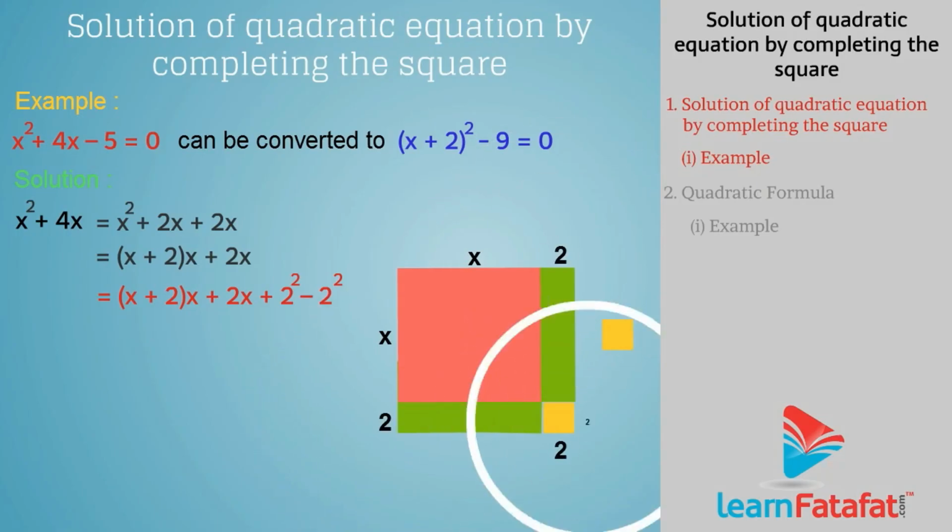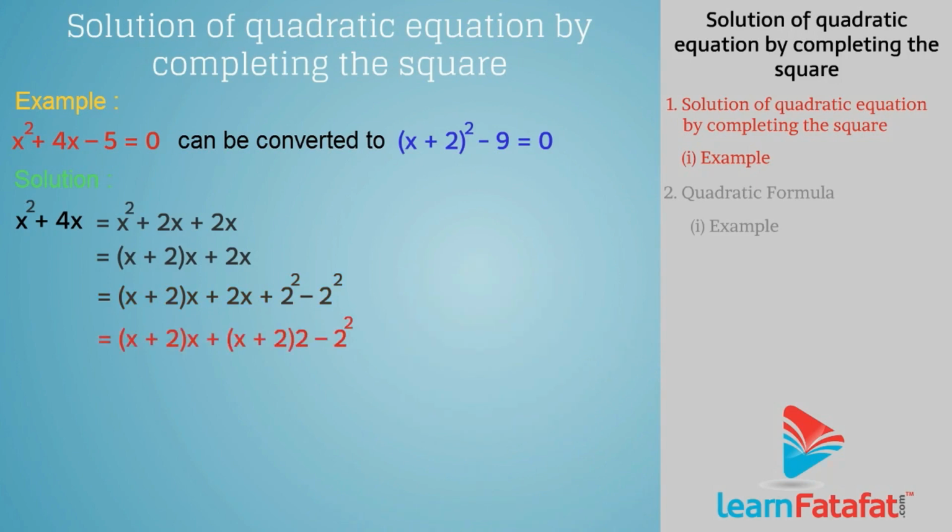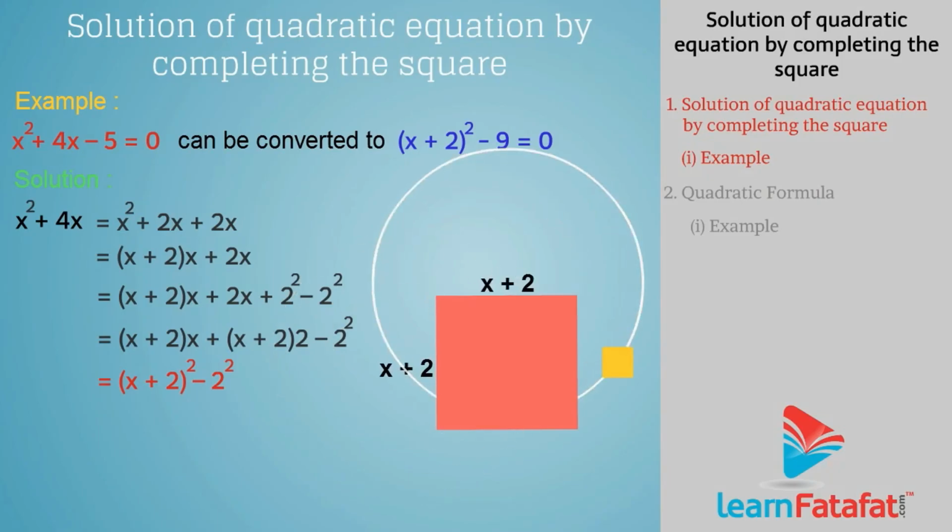can be represented as x plus 2 into x plus x plus 2 into 2 minus 2 square, which can be written as x plus 2 bracket square minus 2 square.